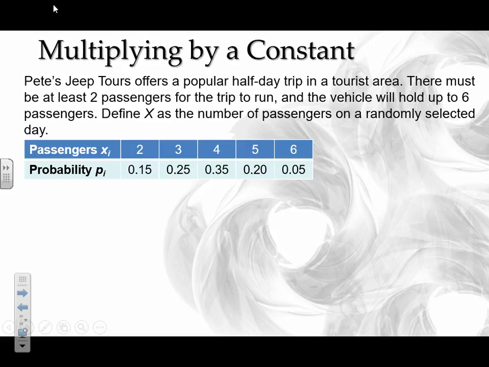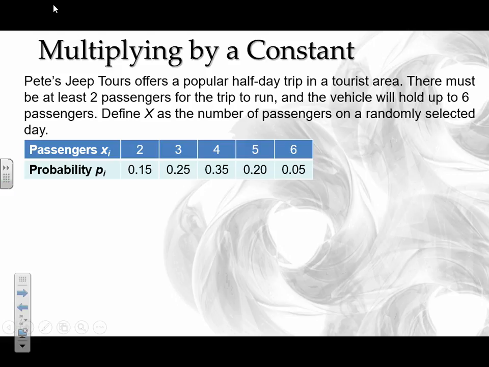Okay? So the easy one, are they all between 0 and 1? Yes, they are. If we added them up, do we get 100%? Yes, we do. So it's a legitimate probability distribution.